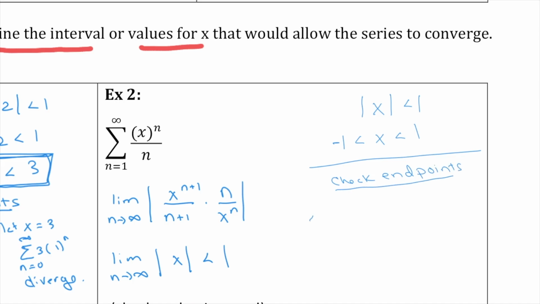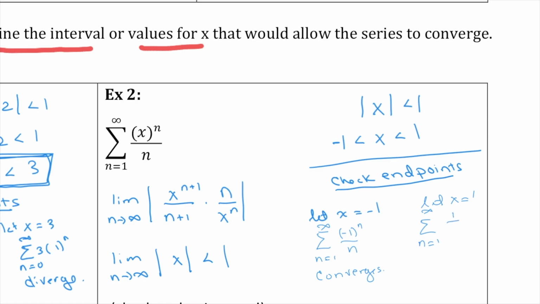So check your endpoints. You're going to let x equal negative 1 to start, which will then give us the series from n equals 1 to infinity, negative 1 raised to the nth power over n. You should recognize this as your alternating harmonic series, and it, of course, converges. Next, we'll let x equal 1. Substitute, we have the series n equals 1 to infinity, 1 divided by n.